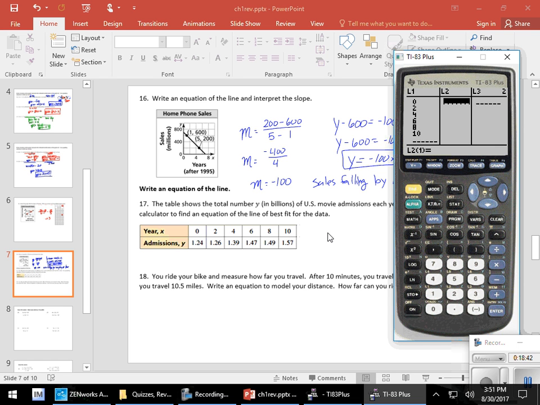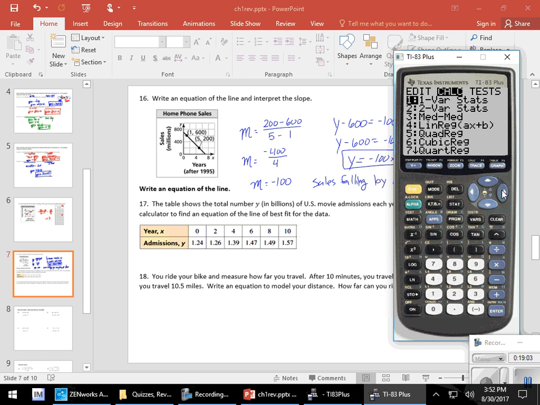For list 2 come all the y values, 1.24, 1.26, 1.39, 1.47, 1.49, and our last one, 1.57. Okay, then we want to find the equation of that line of best fit. That's again hitting the stat key, go over to calculate, and then option 4, our linear regression. We'll hit enter, and there we have our linear regression.